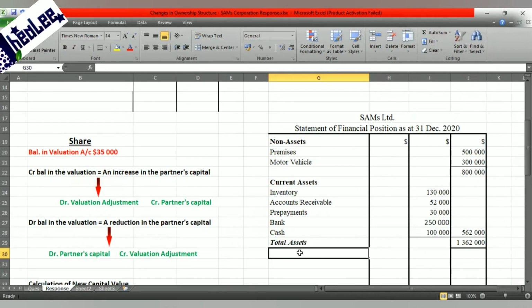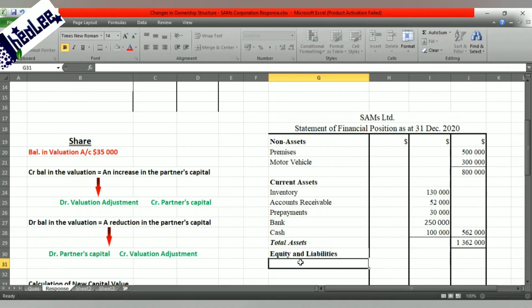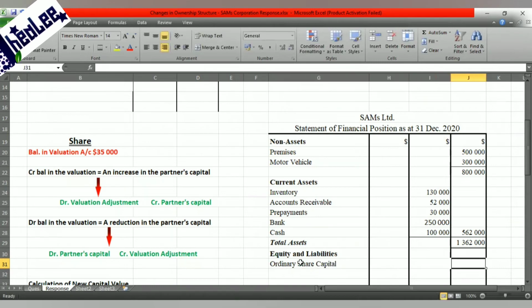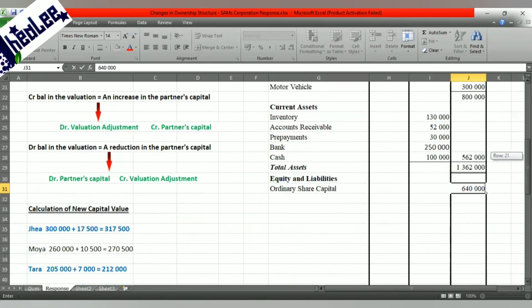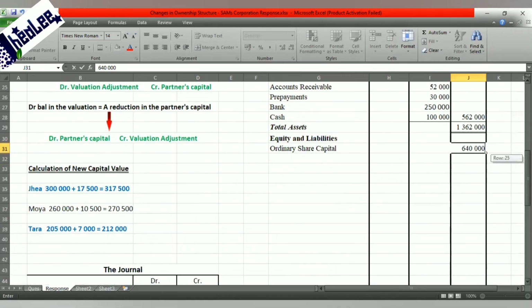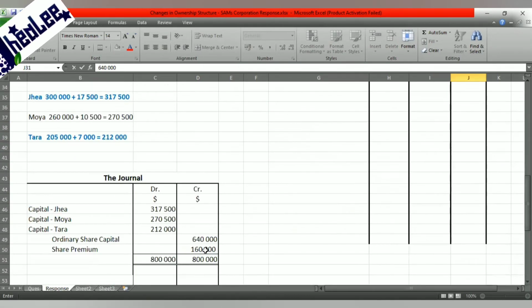So now we're looking at the equity and liabilities section, beginning with our ordinary share capital. And our ordinary share capital generated from the sale of the 80,000 shares is 640,000. And our share premium was 160,000.